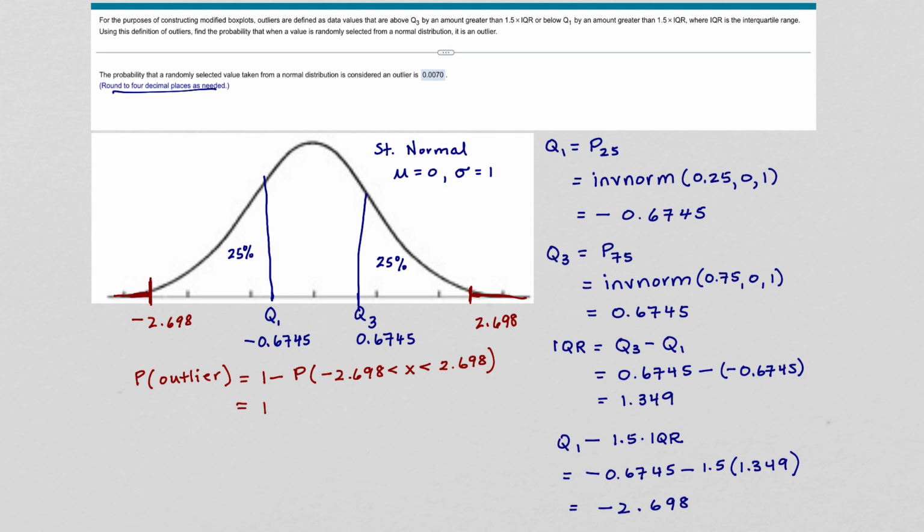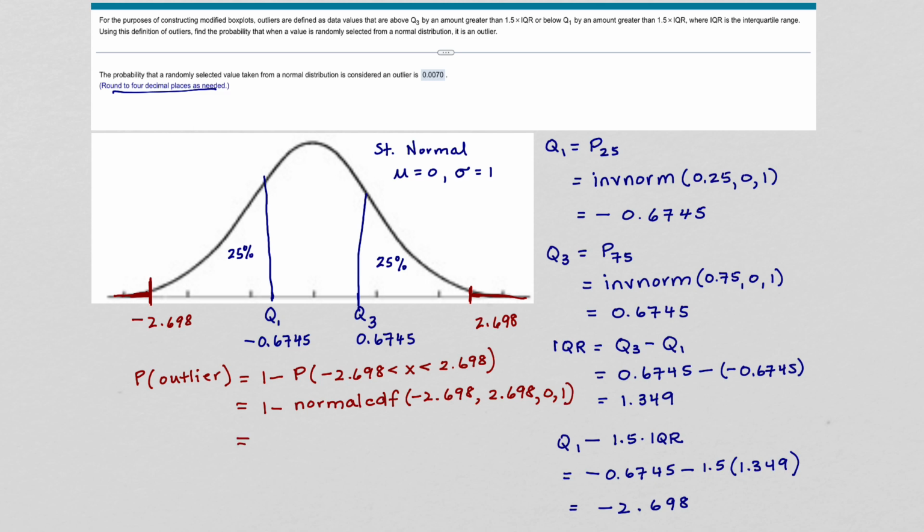And so I can do this by doing normal CDF, or 1 minus normal CDF. And my two boundaries are negative 2.698 and positive 2.698. And my mean is 0, standard deviation is 1.